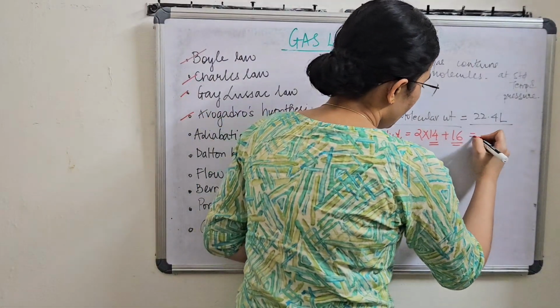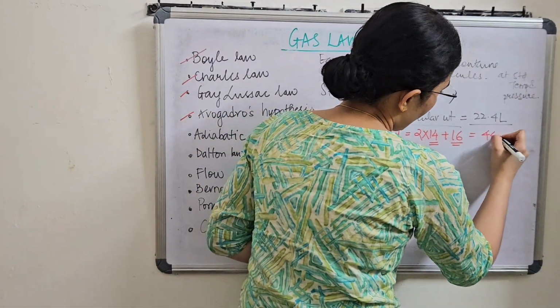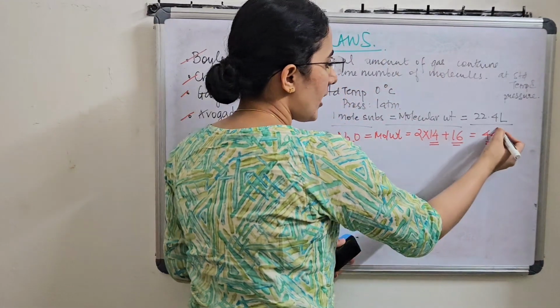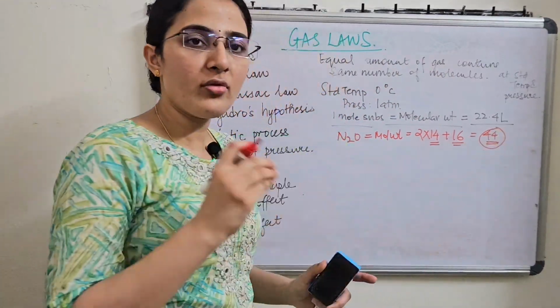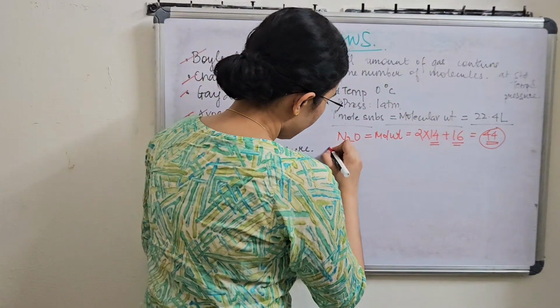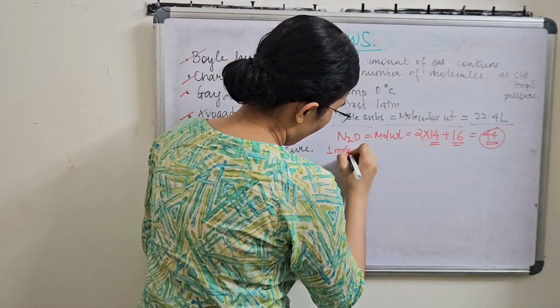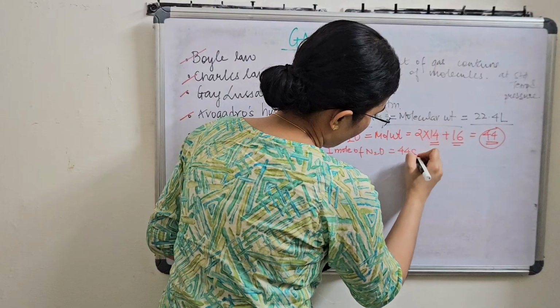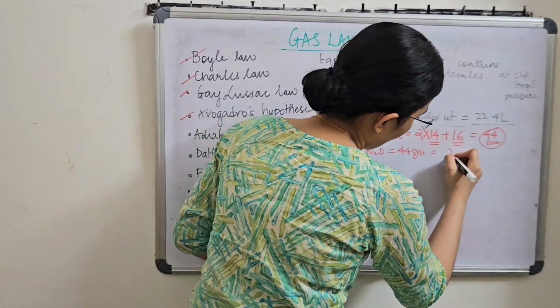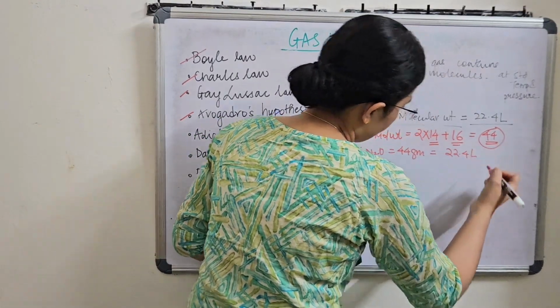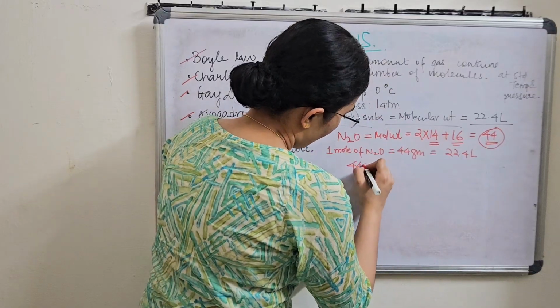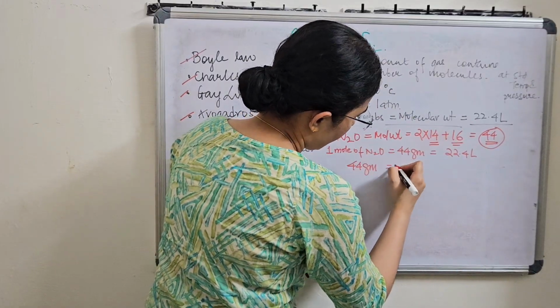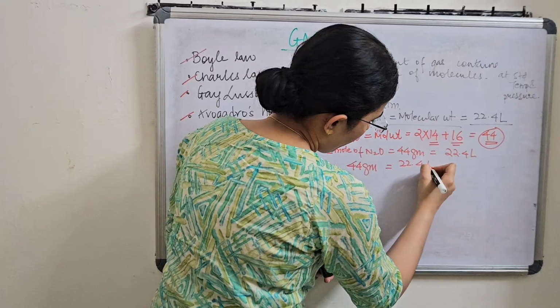It comes to a total of 44. So 1 mole of nitrous contains 44 grams, which is equal to 22.4 liters.